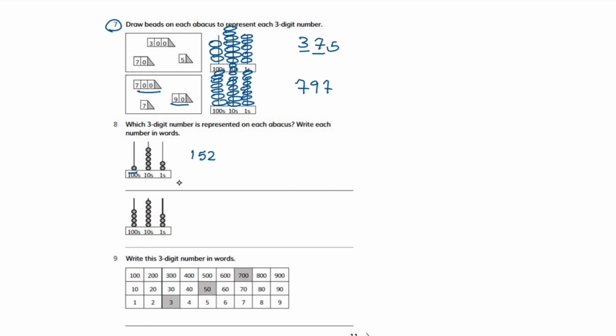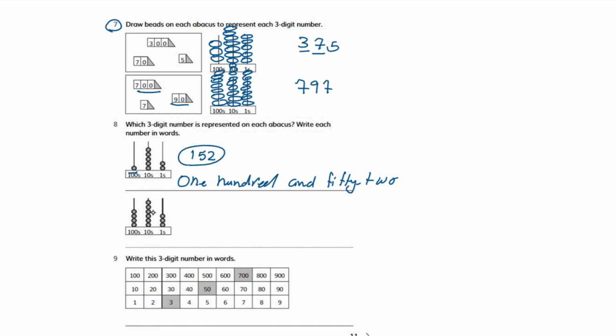We can easily write it in words also. 100, and 50, and 2. This is the word form of the given number, which is 152.